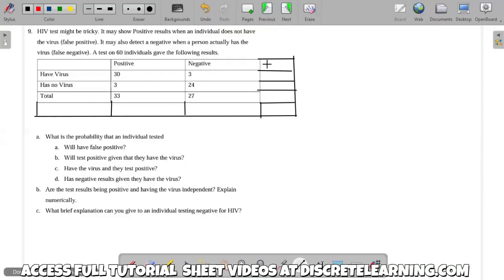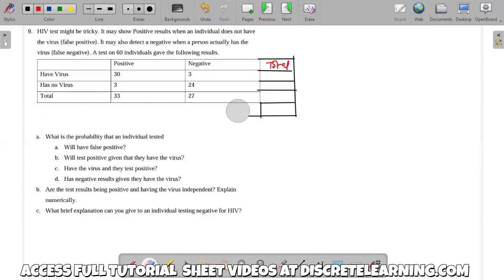So I'm going to say total here and also total there. Let's add to see if we are going to get the 60 there. In fact, they already gave me the total, right? So I just have to add the total for the other part.